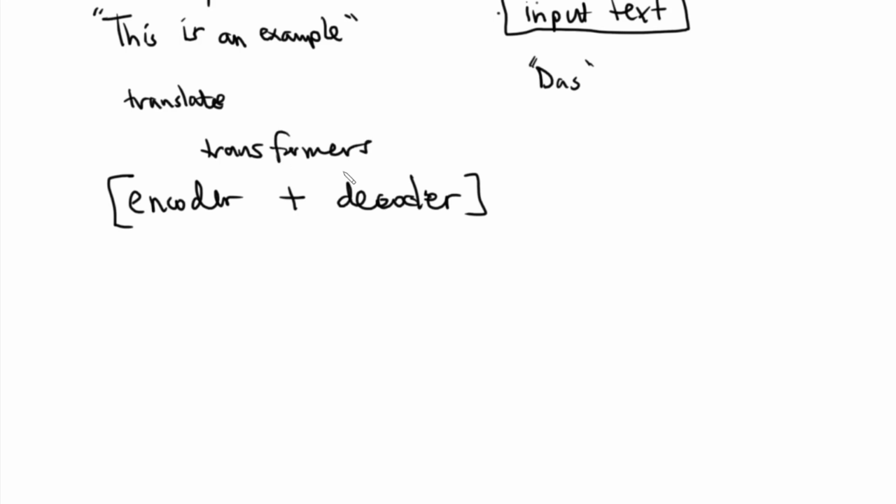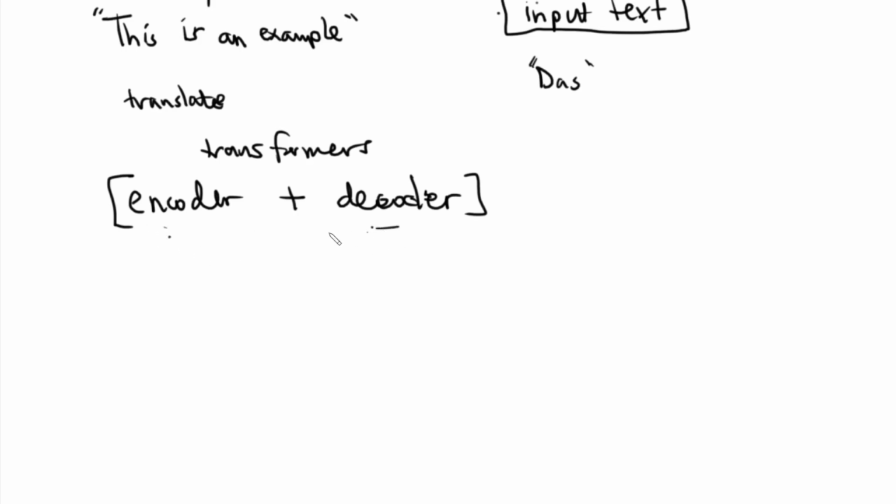The encoder module processes the input text and encodes it into a series of numerical representations, or vectors, that capture the contextual information in that input text. Then the decoder takes those encoded vectors to generate the text in the target language that you want. In this case, it was German.